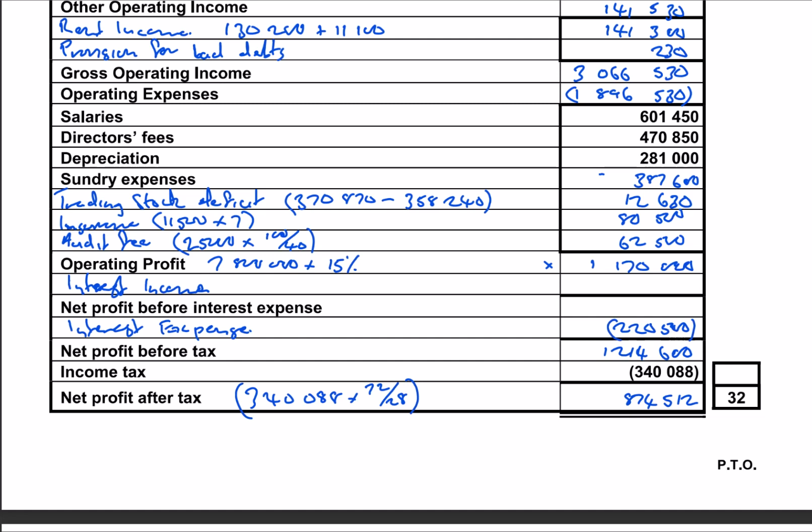Then net profit before interest expense: we add again the 220,500 to net profit before tax. So that's 1,214,600 plus 220,500, because we're working backwards.